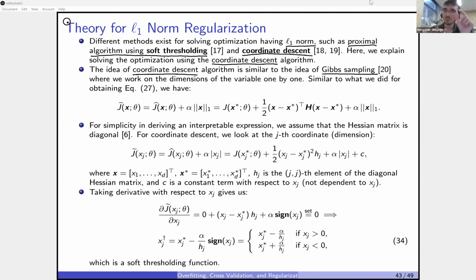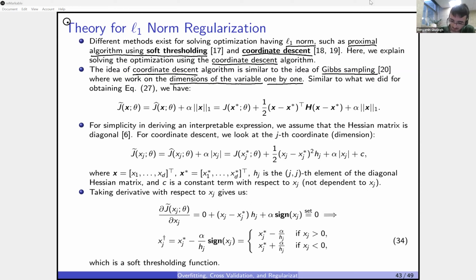One by one, take one sample from one of the dimensions conditioned on the rest of the dimensions. This is called Gibbs sampling. As you see, the ideas are similar. Coordinate descent is in the world of optimization, Gibbs sampling is in the world of statistics, but the ideas are similar. We work on the dimensions of the variable one by one.